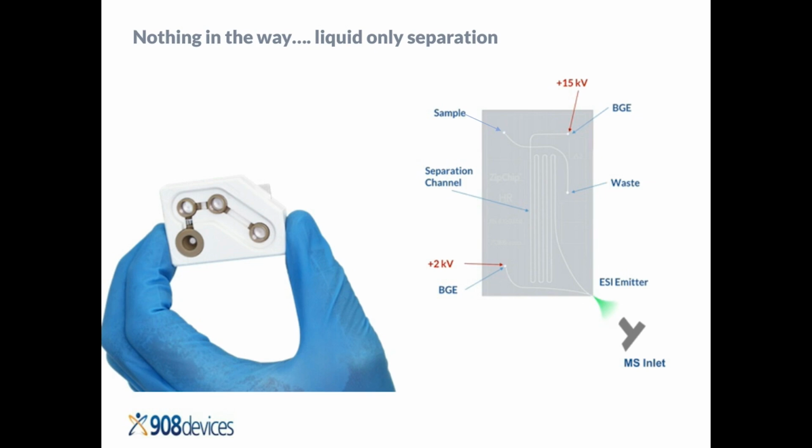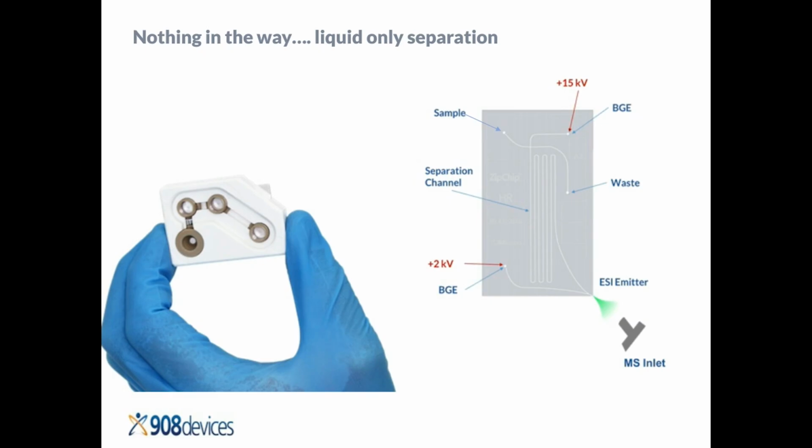We coat this channel with a surface coating in order to ensure efficient separation, as well as prevent absorption and suppress electroosmotic flow. There's no further optimization for the ESI. This is a true nano ESI operating at about 150 nanoliters per minute directly into the source.